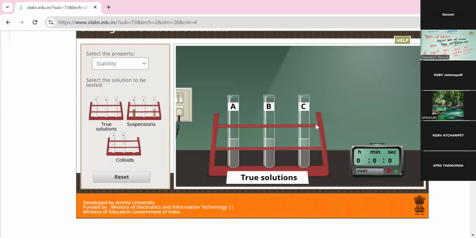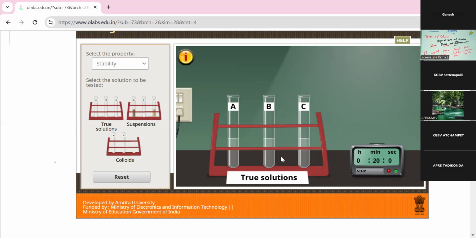There are three types of solution: sugar, salt, and alum water. And then one machine also. Now when I turn on that start button, yes, it is moving. With the help of the machine, we are going to understand the stability of the solution.